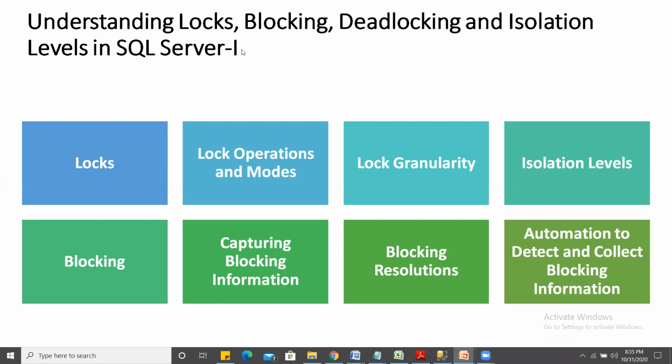And when we are talking about transaction concurrency control, obviously blocking and deadlocking will come into the picture. So we will have detailed discussion on blocking and deadlocking and how to capture blocking and deadlocking using extended events and profiler, right? How we can also automate SQL Server to detect and collect blocking information using extended events, that I will tell you.